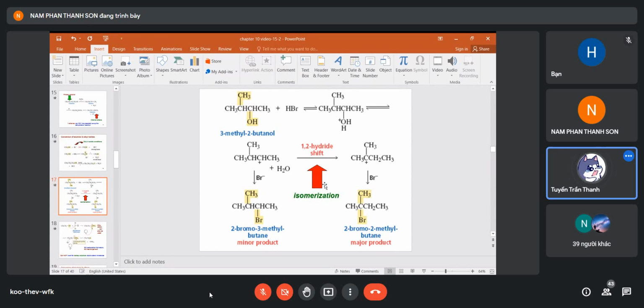Okay, how many hydrogens in the rearranged cation can donate electrons by hyperconjugation? One. Only one? Before the rearrangement, how many hydrogens can donate electrons by hyperconjugation? 3. Only 3? 4.